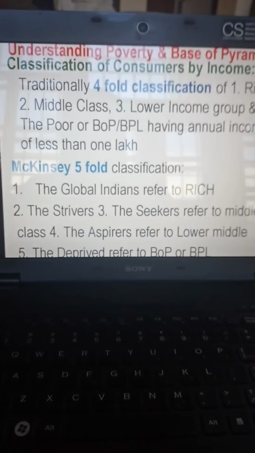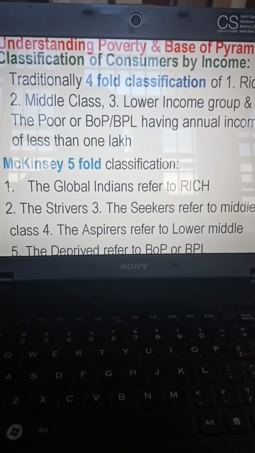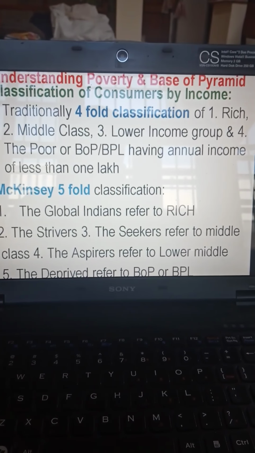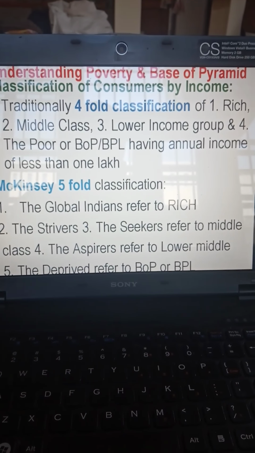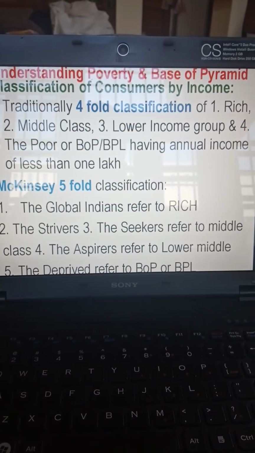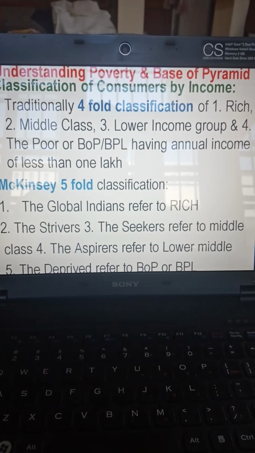Now, how do we understand poverty? There are four different classifications of the public. One is the rich, second is the middle class, third is the lower income group, fourth is the poor or the BPL, those having an annual income of less than 1 lakh.